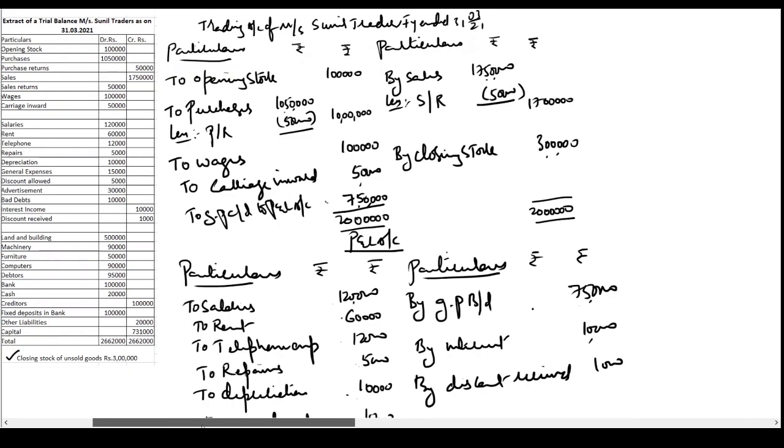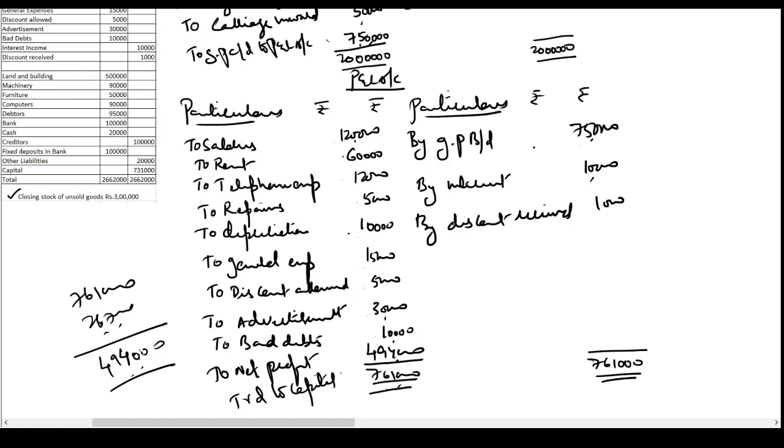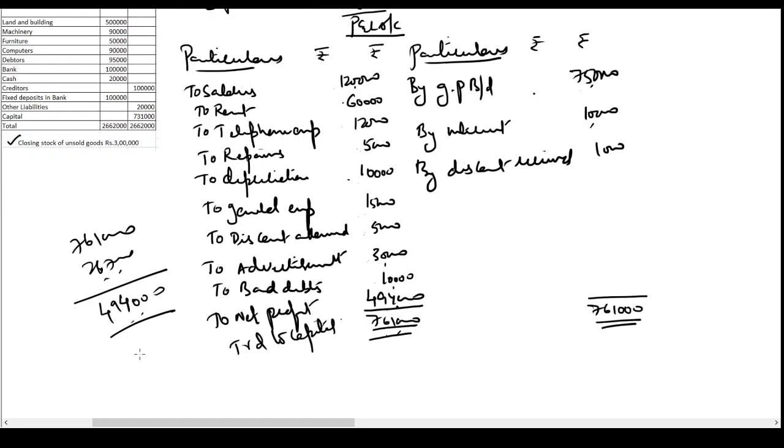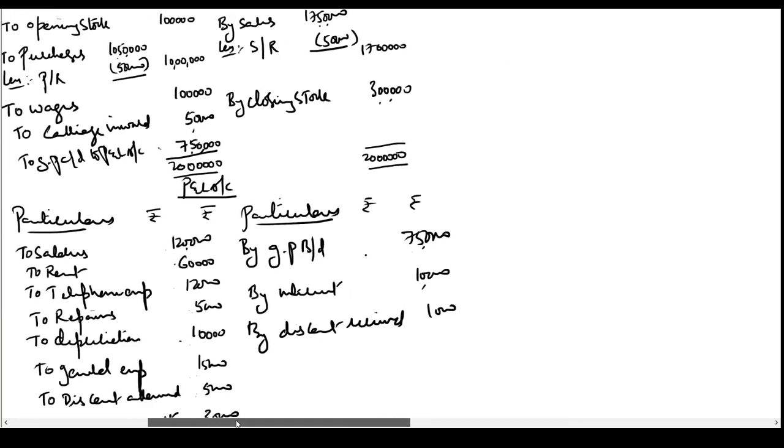We have some assets: land, building, machinery, furniture, computers, debtors, bank balance, cash balance, fixed deposits. Let us start preparing the balance sheet.